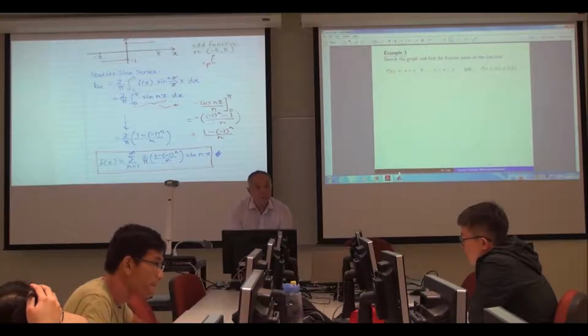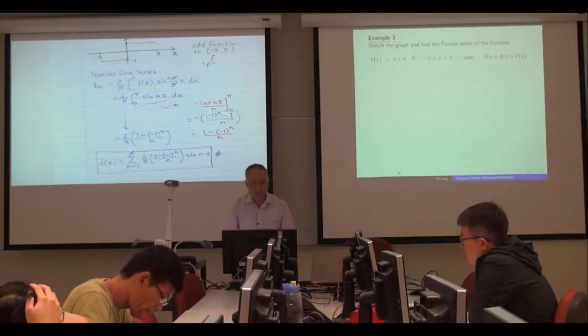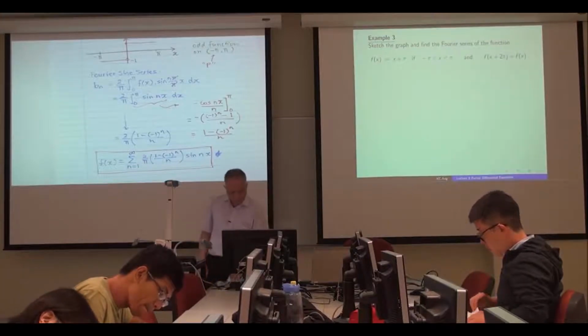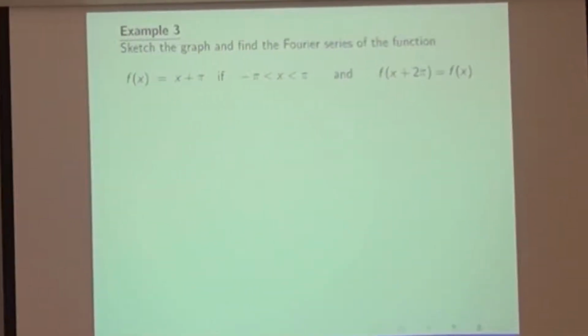Okay, we have time for one more example, which of course I'm not going to solve the whole thing, but just to demonstrate to you how this can be done. The first part is to sketch the graph of this function, and then find the Fourier series of the function.